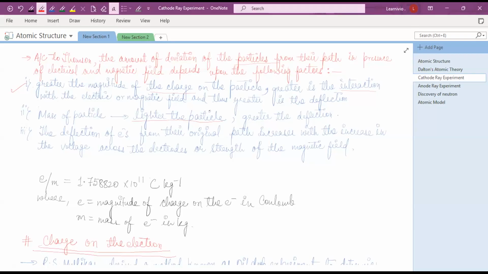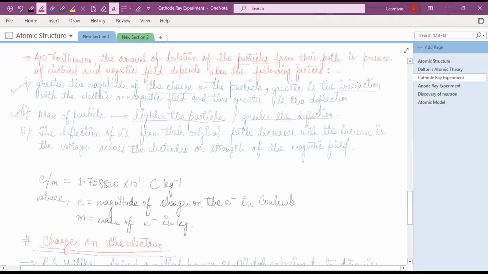Because hydrogen is a lighter particle. So if the gas particle is lighter, then greater will be the deflection, right? Means the mass of that gas particle is inversely proportional to deflection. If the mass is lighter, then the deflection will be more, and vice versa. Clear, Neha?